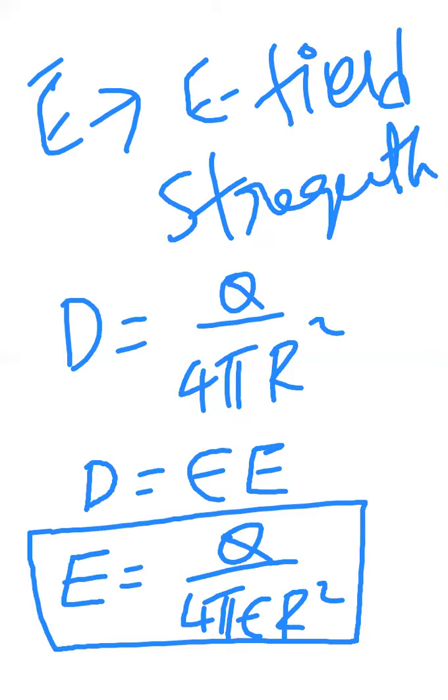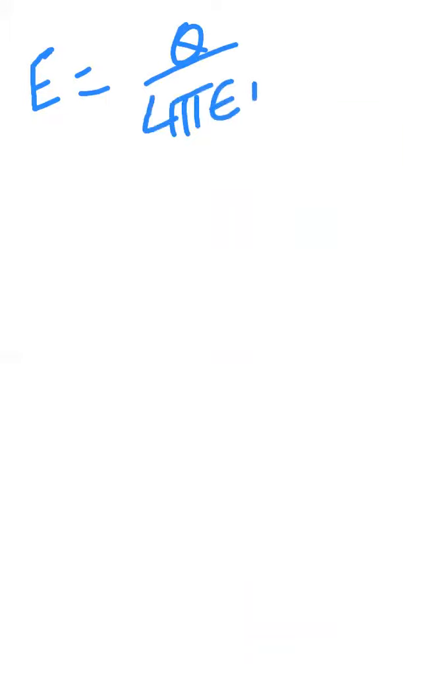This will give you the electric field strength directly. In a given situation, you are standing at some point. Once you fix Q and r, directly you can get the electric field strength. But please note down, your electric field strength depends on epsilon. So clearly note down in your notes, electric field is equal to Q divided by 4 pi epsilon r square.